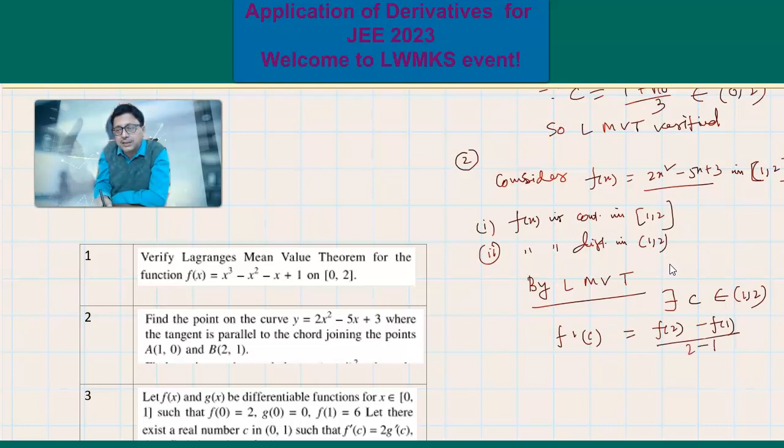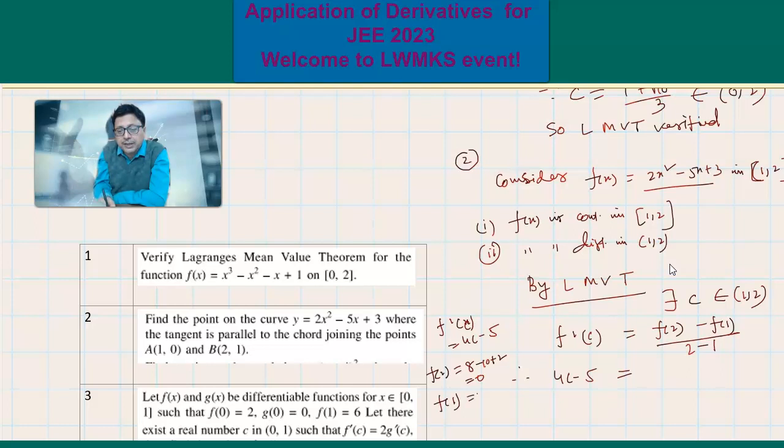What is f dash c? f dash x you can find easily: f dash x is 4x minus 5. So f dash c is 4c minus 5. So 4c minus 5 is going to be equal to f2. f2 is what? f2 will be 8 minus 10 plus 3. This is equal to 0.